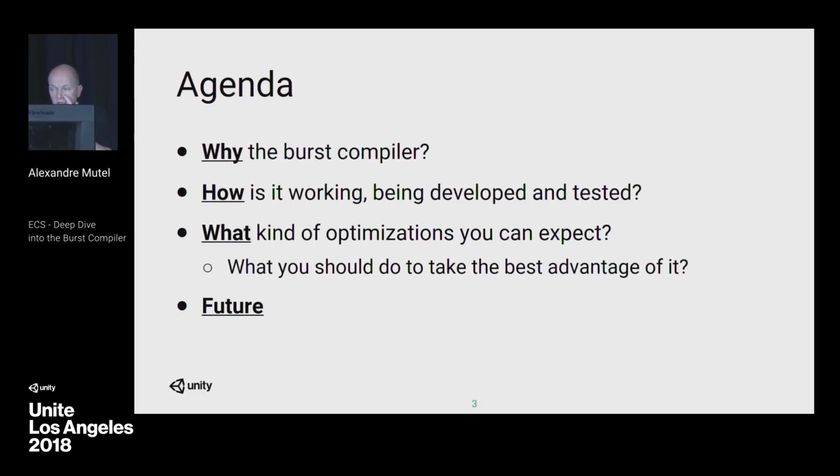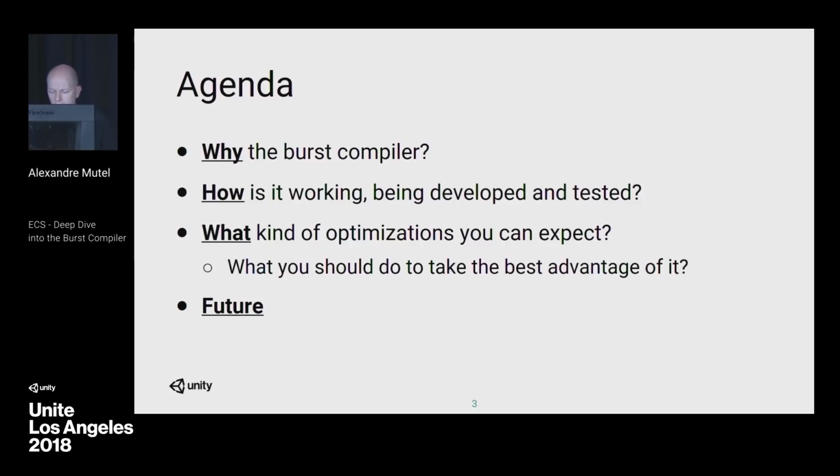In this talk, I would like you to get more insights about what's the magic behind the Burst compiler. I would like you to forget about the magic and understand what's behind, so you will be able to better understand it and leverage it. In the first part, I would like to go through the original reasons of the project.